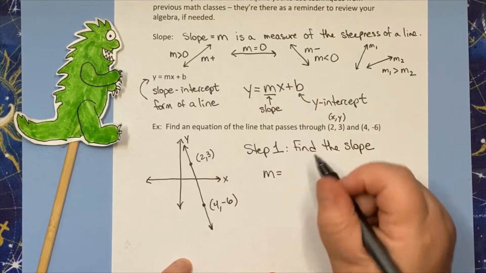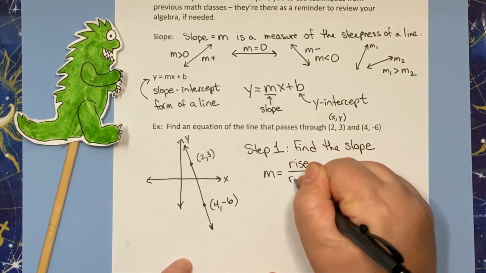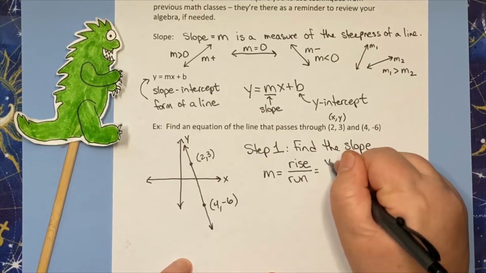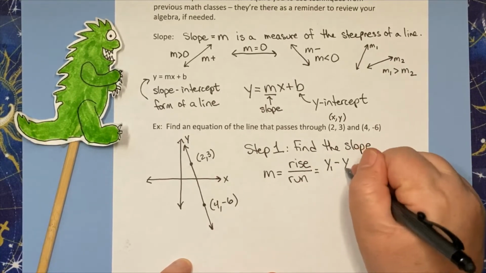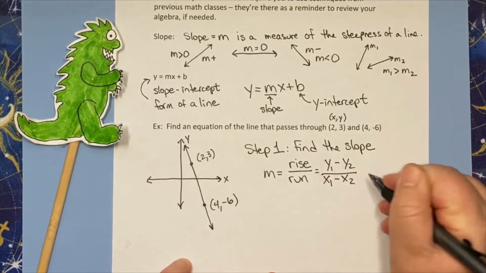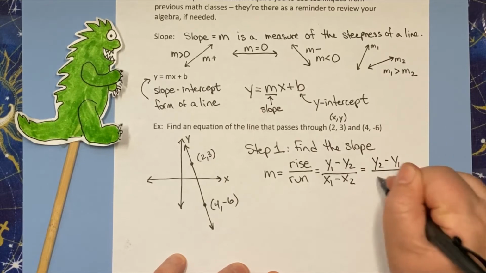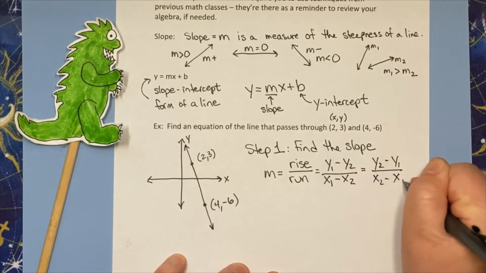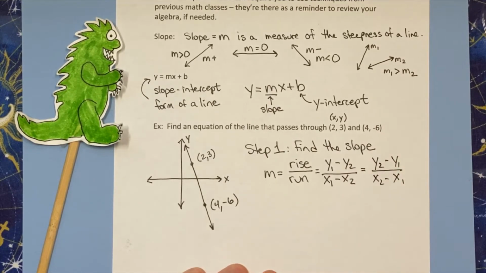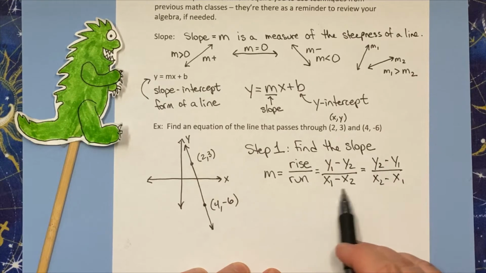And you might remember that the slope is the rise over the run. y1 minus y2 over x1 minus x2, or y2 minus y1 over x2 minus x1. It's taught in different ways. Basically, what's important to remember is that the y's go on top and the x's go on the bottom.